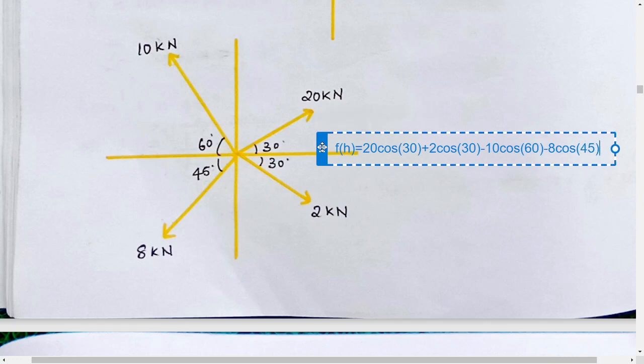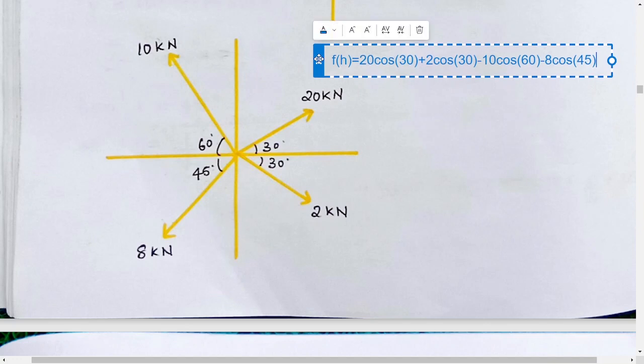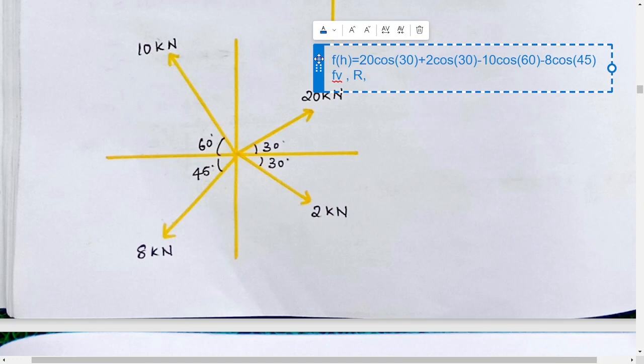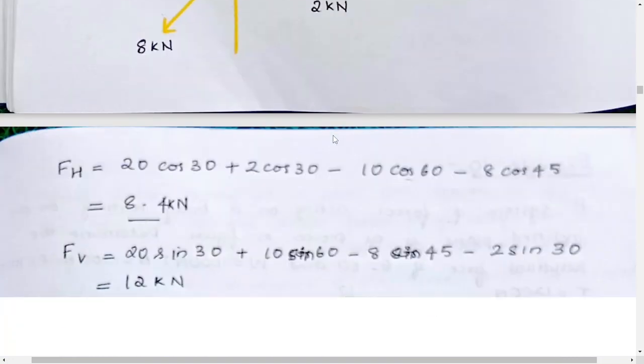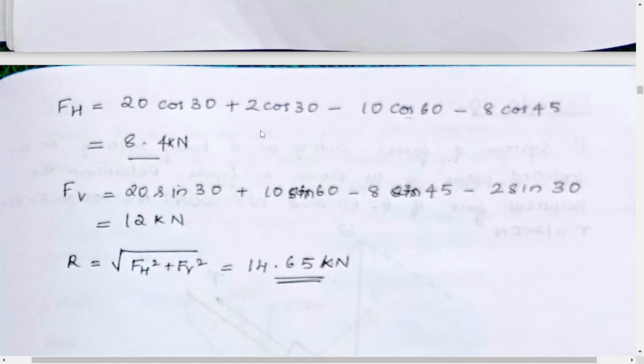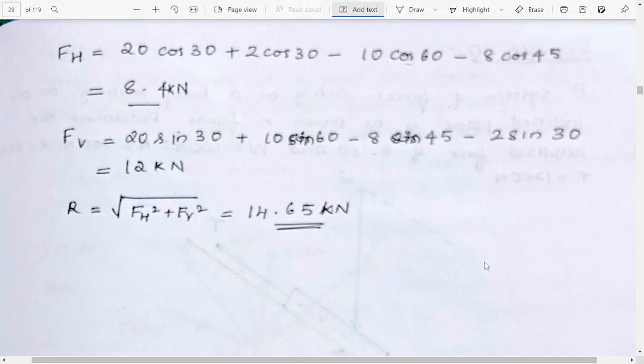Okay, so we have got Fh value. If we solve this problem, we'll get Fv also like this. Then we can find R, then we'll find alpha, and so on. Okay, so we'll be getting minus 8.4 kilonewton, 12 kilonewton, and R is 14.65 kilonewton.